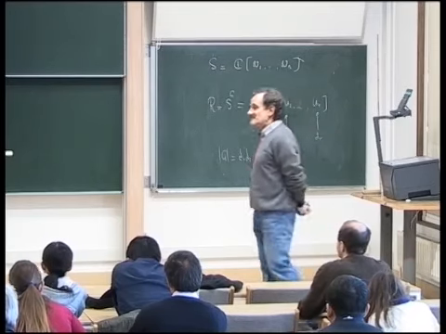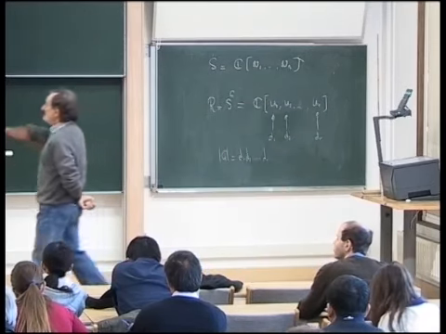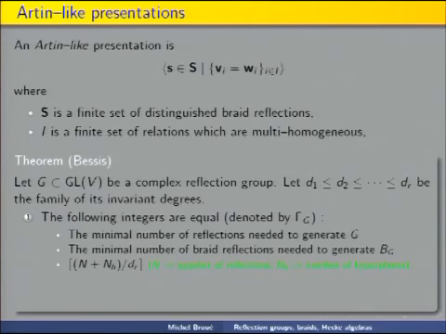So each time you see this number N plus NH occurring for a finite reflection group, just think of the case of Coxeter groups, of groups generated by true reflections, and it becomes 2N. Each time you have a theorem, an identity anyway, for Coxeter groups involving this number 2N, just replace 2N by N plus NH, and you find the right generalized statement for finite reflection groups. This is true. So this is one of the examples of such a statement.